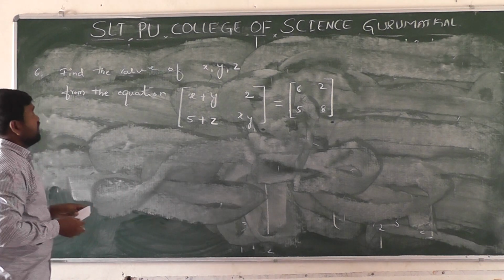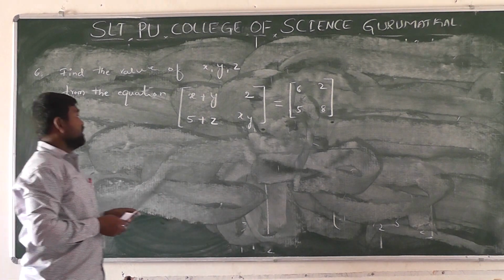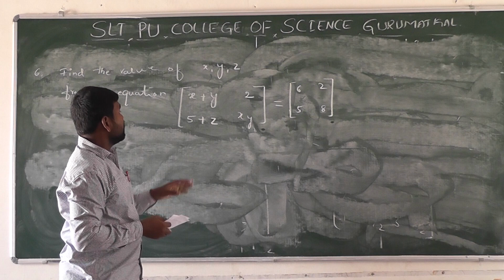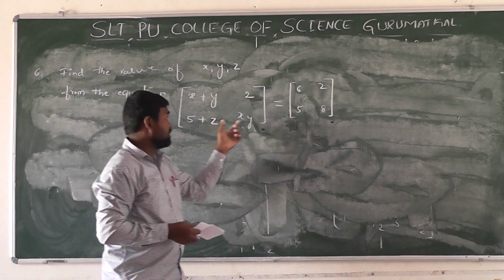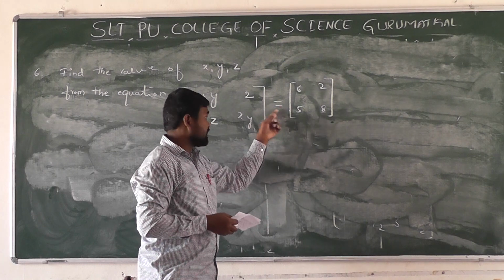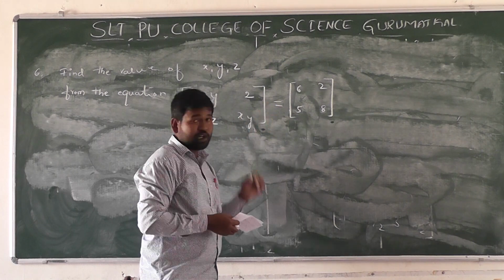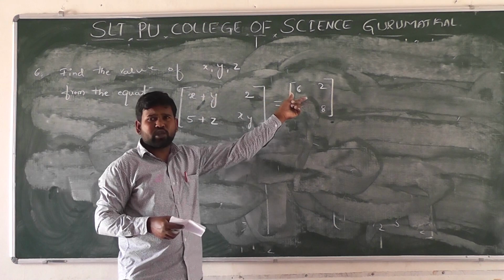Find the values of x, y, z. The same problem we are asking here also. Here two matrices are said to be equal, because their order must be equal. In between, what is the sign here? Equal sign. These two matrices are said to be equal, whose corresponding elements are also equal.